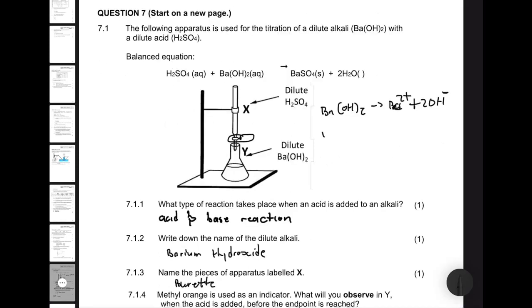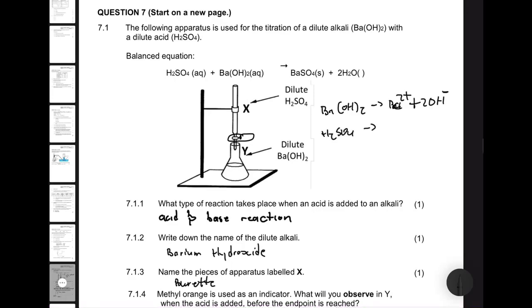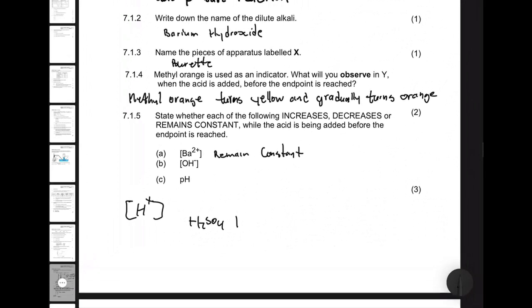So when we add the acid H2SO4, the Ba2+ will react with SO4 2-, and then the OH- will react with 2H+. So the more we add the acid, the more the concentration of OH- decreases, right? Because OH- plus H+ is clearly H2O. So here OH- is going to decrease.